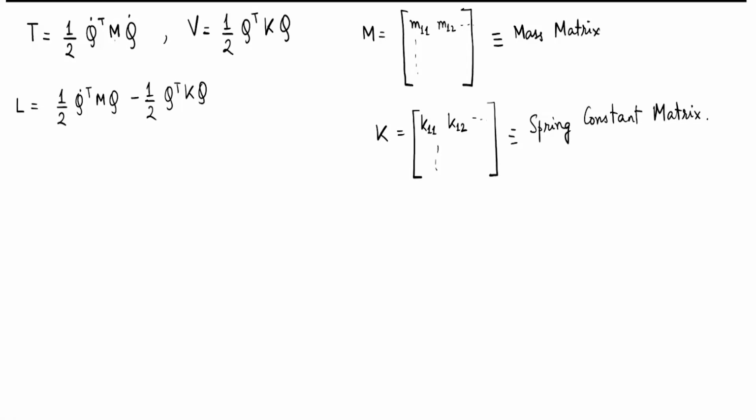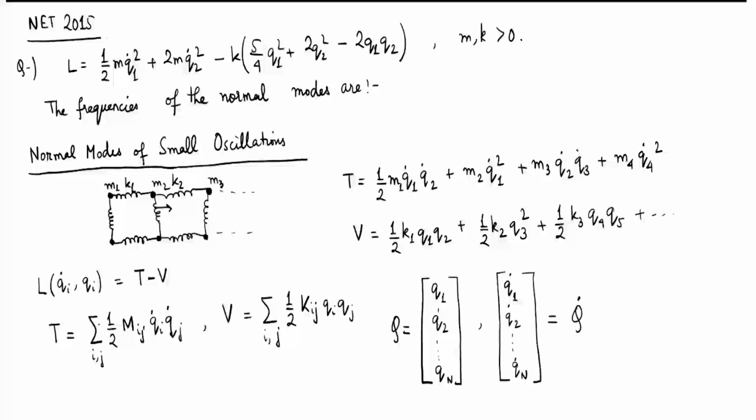Now this is a very interesting thing. What are the elements of this mass matrix? The elements of this mass matrix are Mij, right? And the elements of this spring constant matrix are Kij.